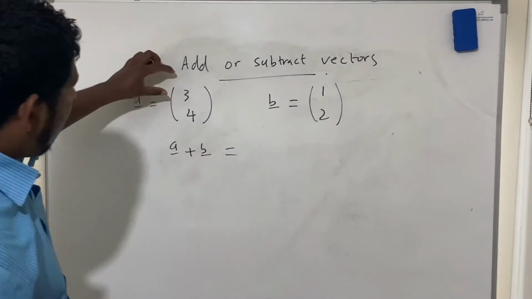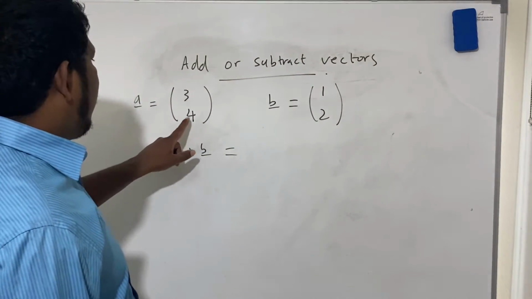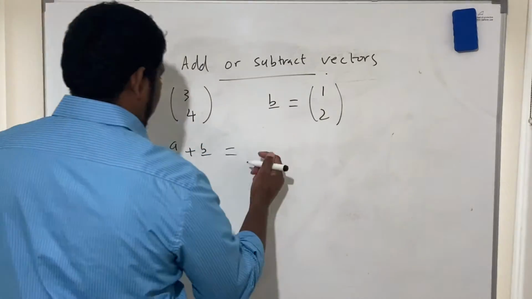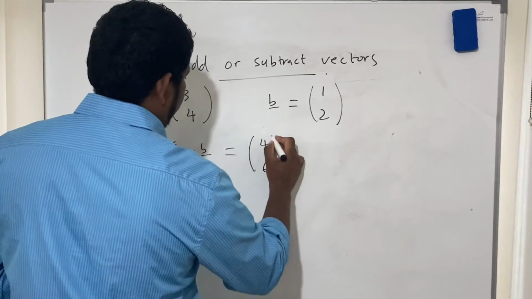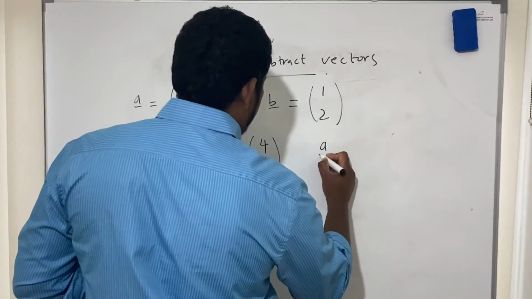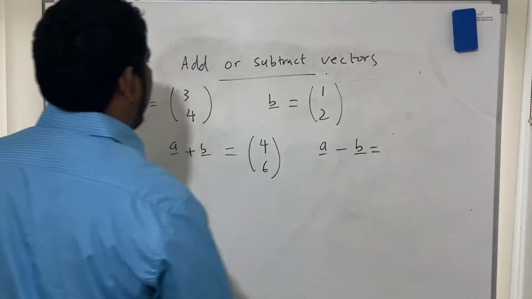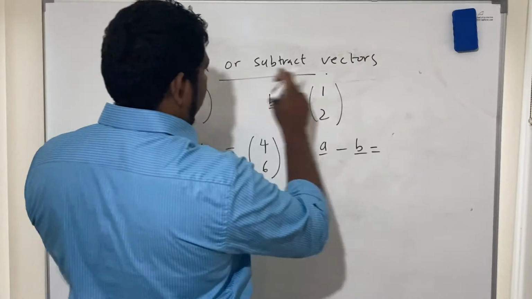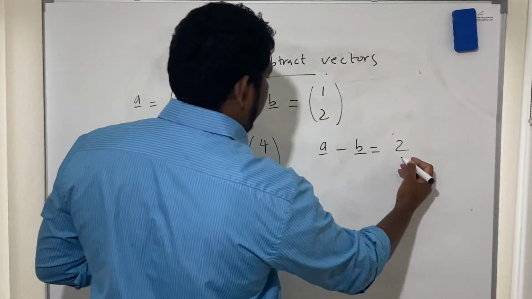So we add the top bits and we add the bottom bits separately. So 3 plus 1 is 4, 4 plus 2 is 6. Okay, now we're going to take away vector B from vector A. So the top bit is 3 here, and 1, take away 1 from 3 is 2, and 4 minus 2 is 2.